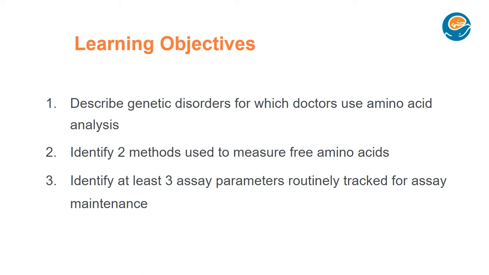I'm going to talk about two different methods that are used to measure free amino acids. And I wanted to talk a little bit about the kinds of assay monitoring and maintenance that a laboratory in a hospital has to perform, and how that can really be a resource to basic researchers, and again, make us excellent collaborators depending on your project and your questions.